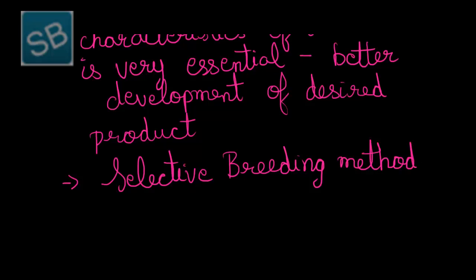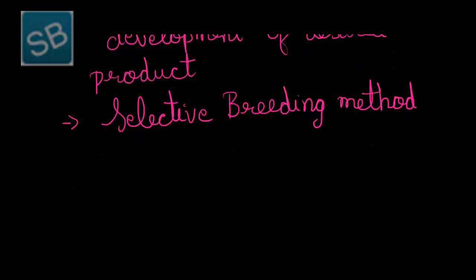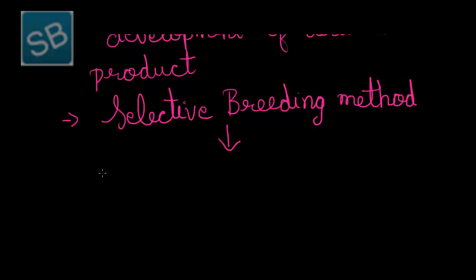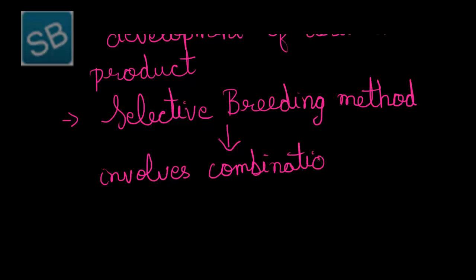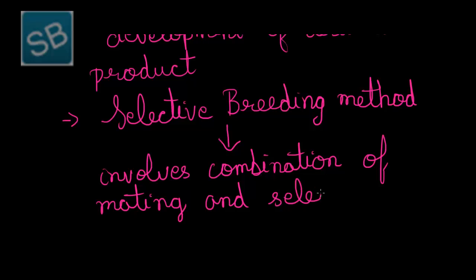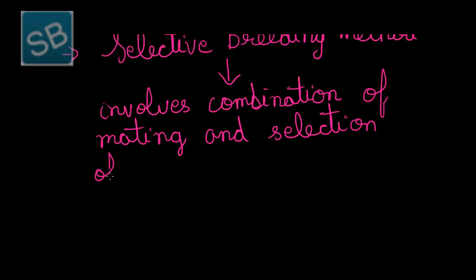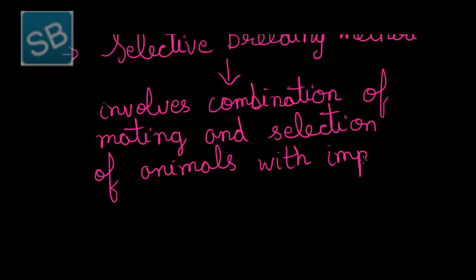However, this technique involved only a combination of mating, that is mating of two organisms or two animals, and the selection of animals with improved genetic traits, that is with improved genetic characteristics.